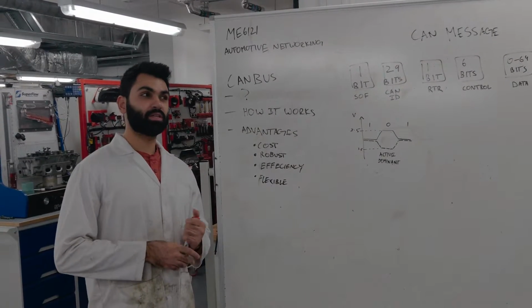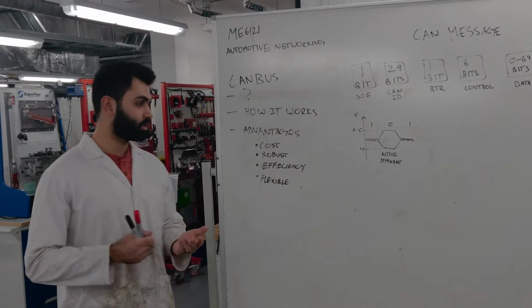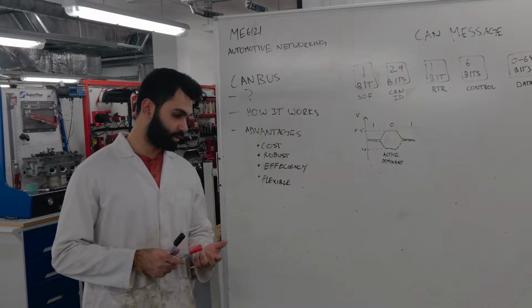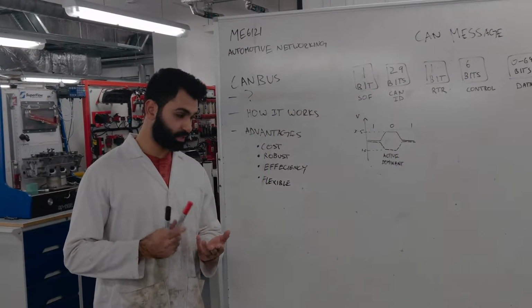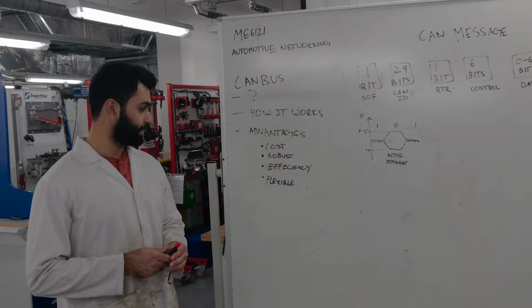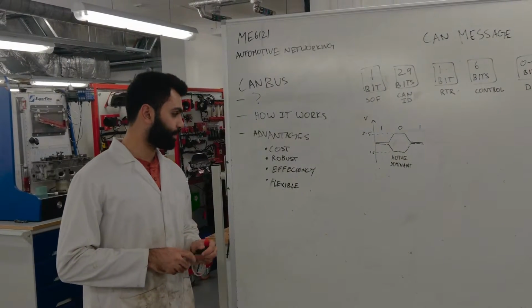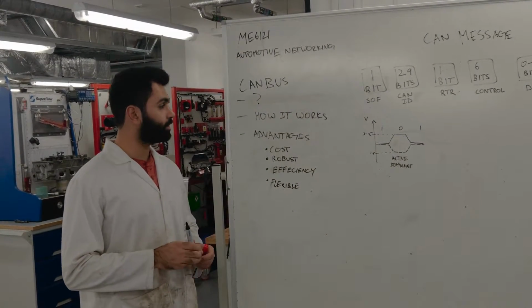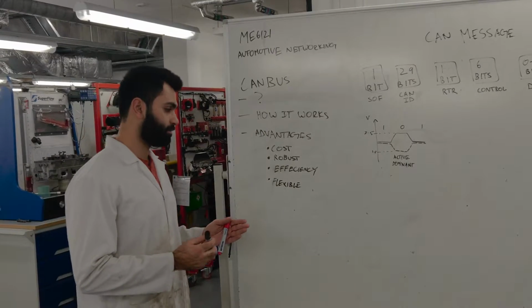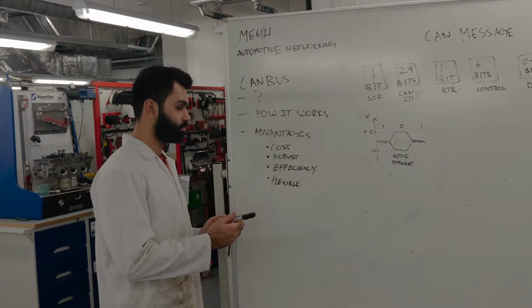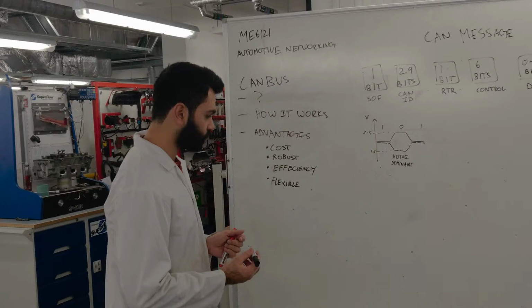Nowadays, cars have up to 70 different subsystems, for example, the power management unit, safety system, and the infotainment system. And if you think about it, you can't have wires going individually from each subsystem to your main controller.